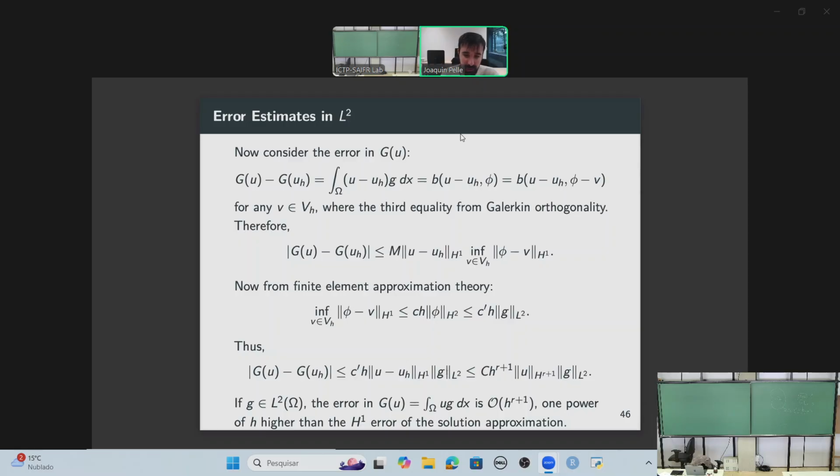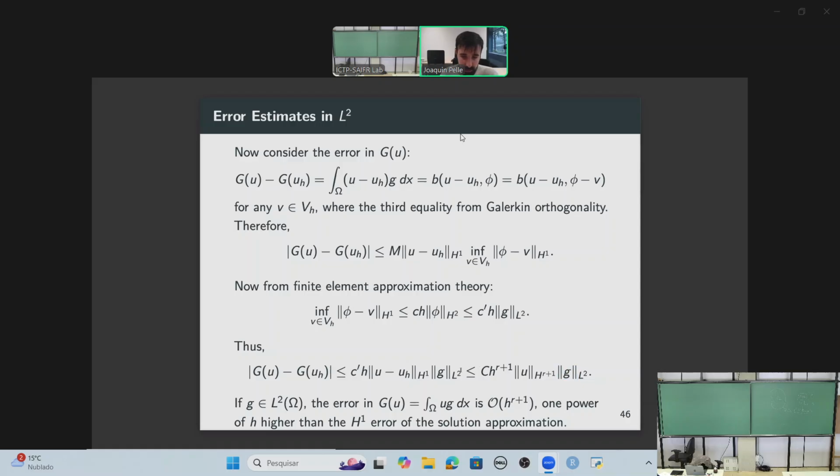And using the previous results, we can finally write this bound: this error here is less than C times h to the r plus 1, times the r plus 1 norm of u and the L2 norm of g.